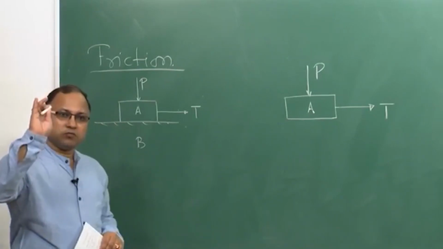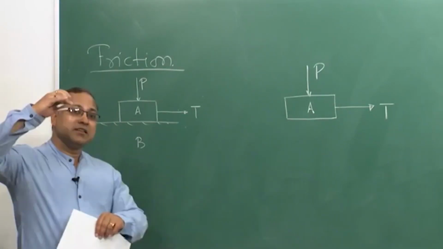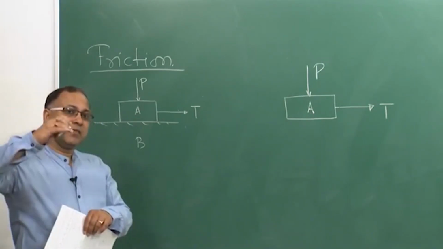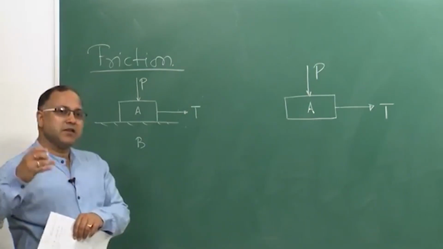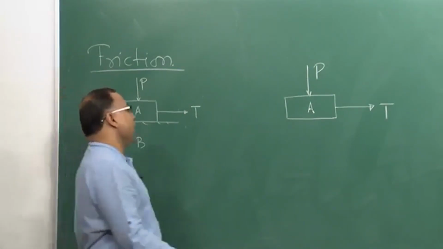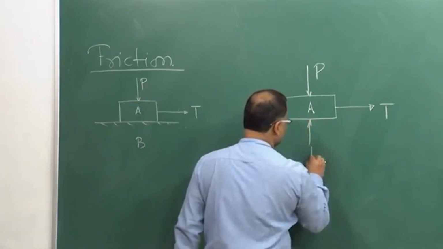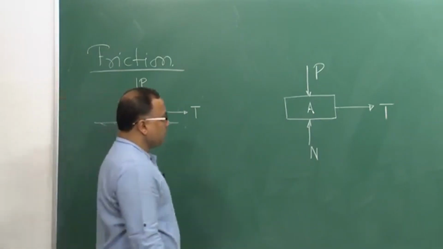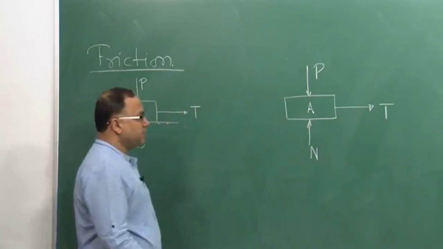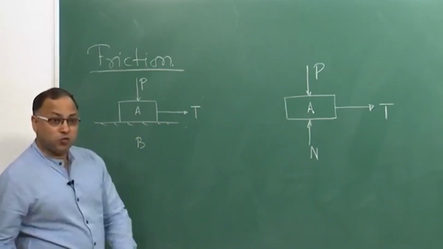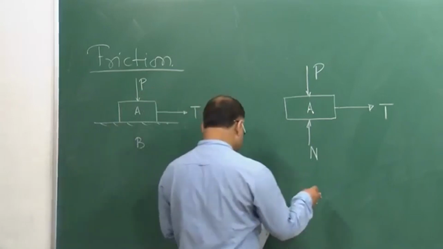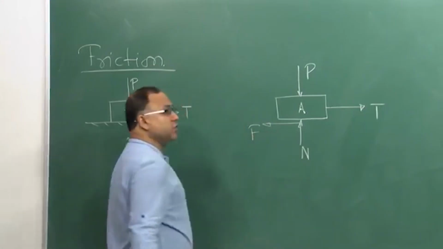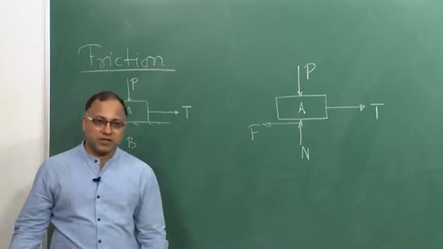Some vertical force, of course, that is a reaction, because block A is placed over surface B. So, surface B will give some opposite reaction, say N. Now, when I am trying to slide block A over B, some frictional force will get developed, and that frictional force is opposite to the direction of movement, as you know from your physics.